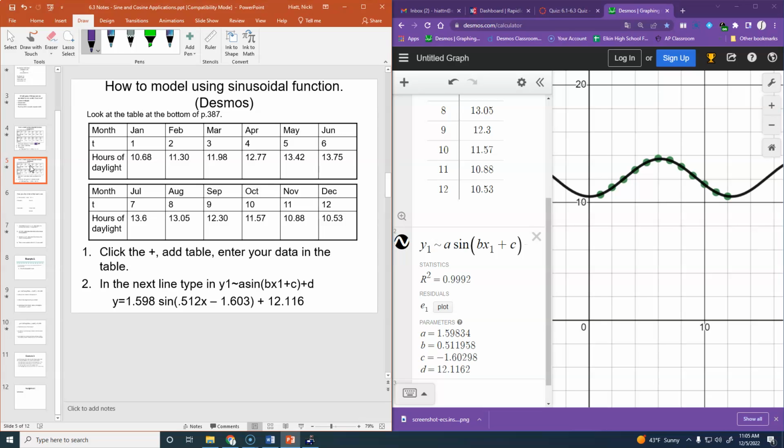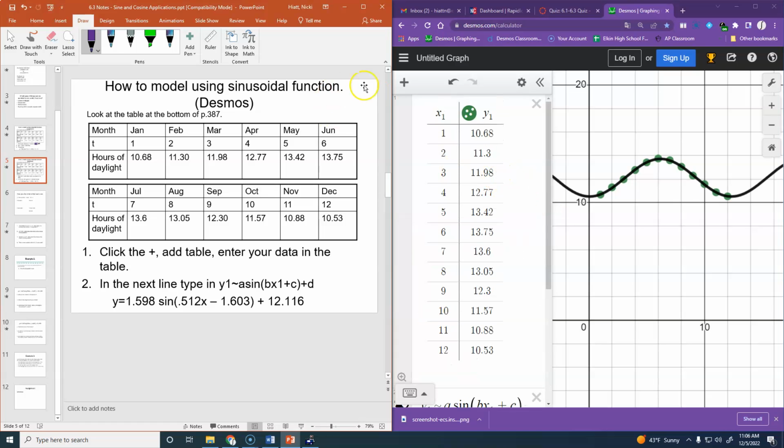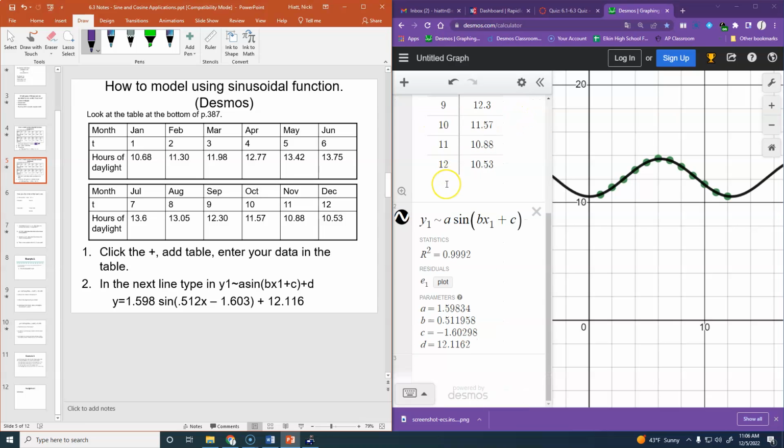Used to, whenever I did these, the Desmos calculator gave just a slightly different answer than the calculator, but it's exactly the same this time. It is because your table right here has a 1 behind the x and the 1 behind that y. And if you don't, it doesn't know that it's pulling values from that table. It thinks you're just trying to graph a regular x and y.